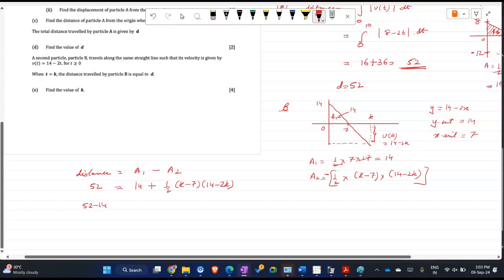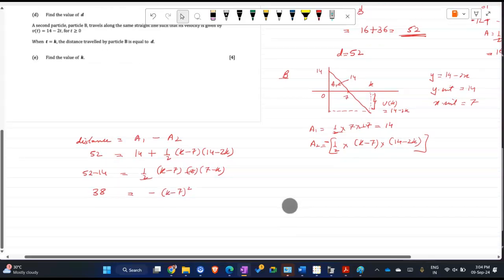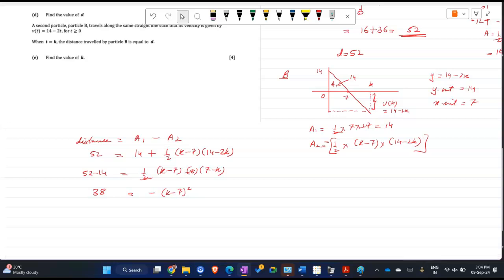So 52 minus 49 is equal to half into k minus 7, and if you take 2 common, 7 minus k. This and this cancel out. So we get 3. If I take the minus common, this will become k minus 7 squared.